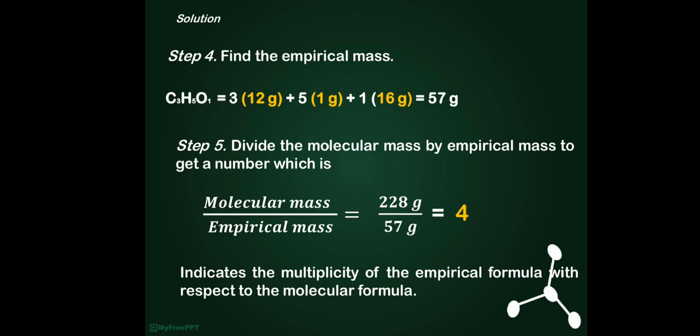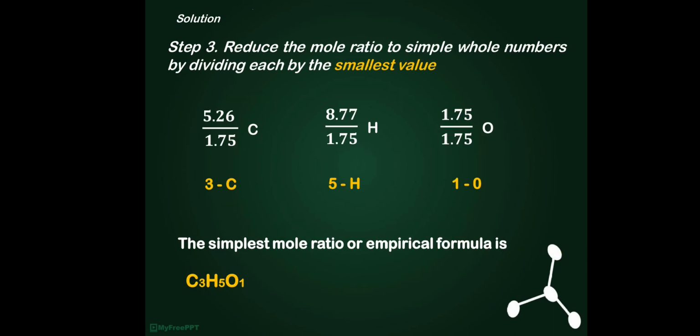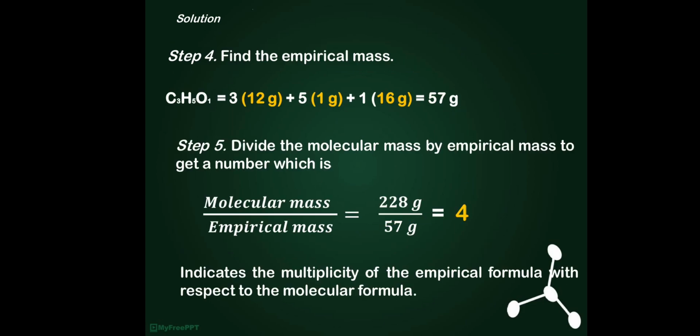Find the empirical mass. Okay, the result for the simplest empirical formula, this empirical formula is called hydroxypropyl. Okay, C3H5O1, or you cannot even write it, but since it's empirical formula, just write 1 in oxygen. Okay, so now for the last solution, step 4.